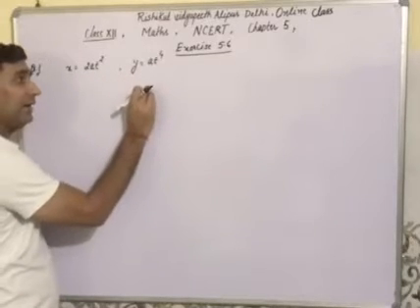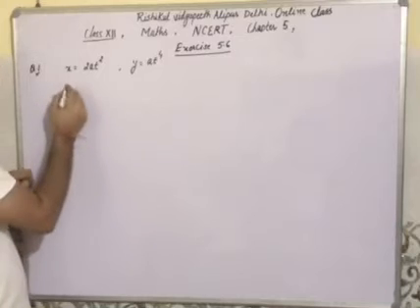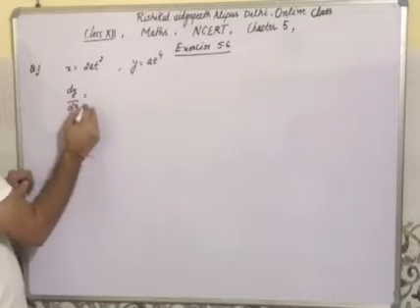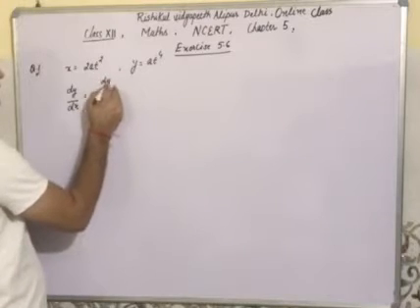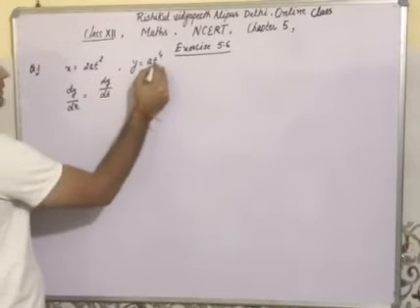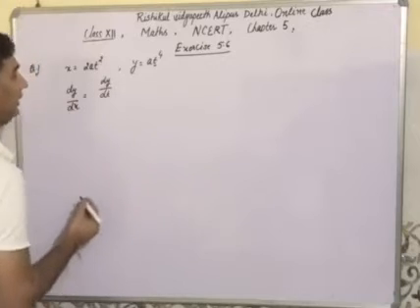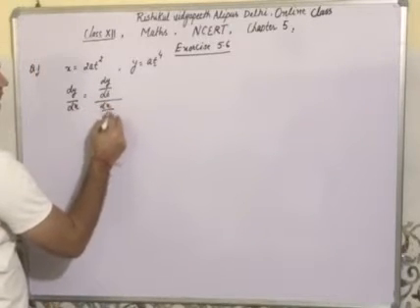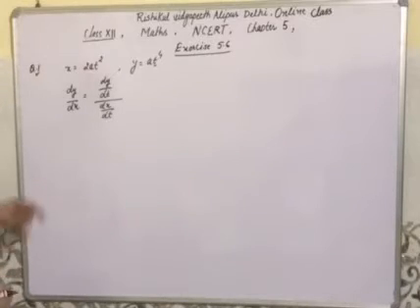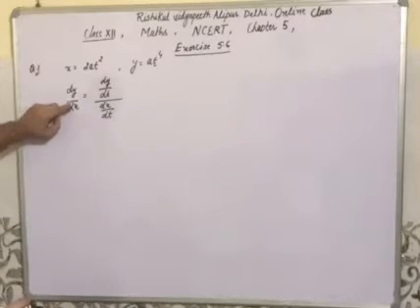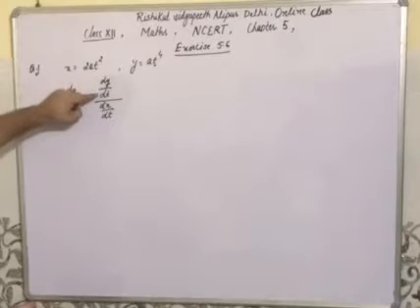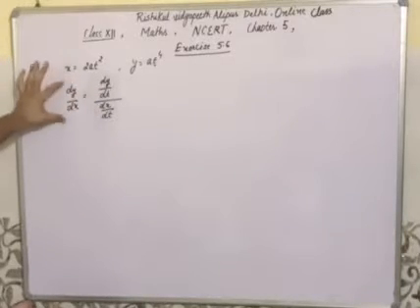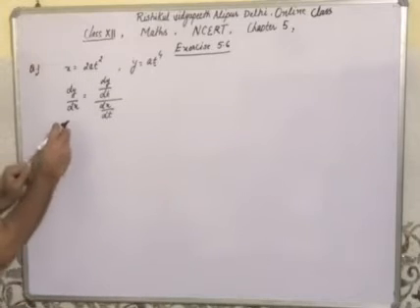Dy by dx is dy by dt upon dx by dt, because the parameter is t.